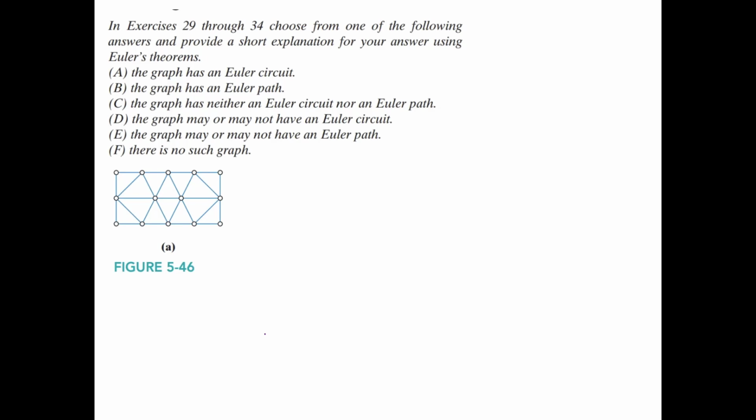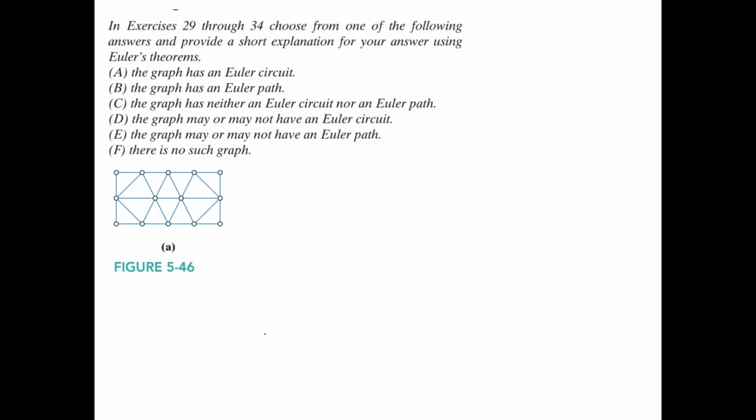In exercises 29 through 34, choose from one of the following answers and provide a short explanation for your answer using Euler's theorems. A, the graph has an Euler circuit. B, the graph has an Euler path. C, the graph has neither an Euler path nor an Euler circuit.